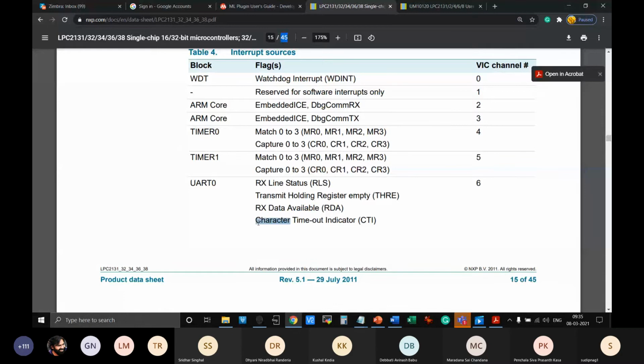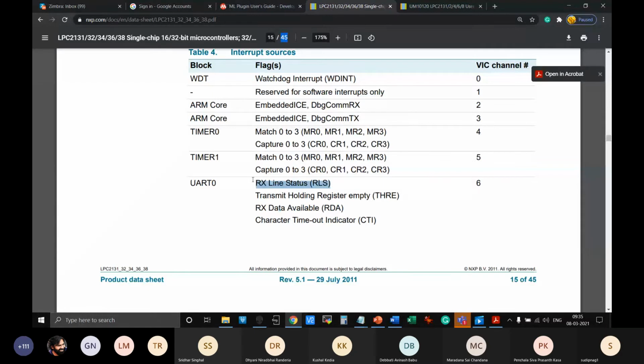Character timeout indicator: you are waiting for someone to send you data through RX, and nothing comes. Whereas RX line status is something different. You have already received something, and then you expect an interrupt to be generated. That is RX line status.